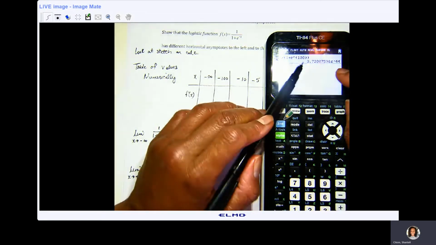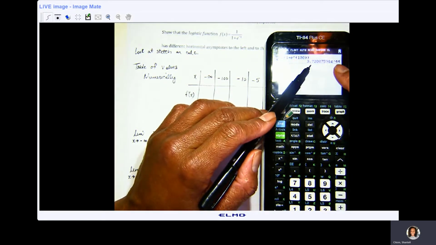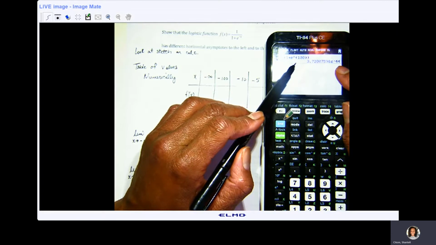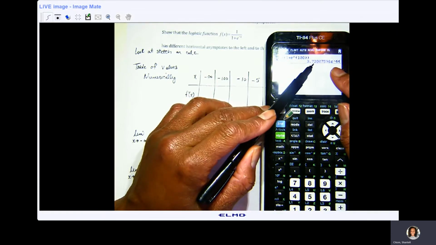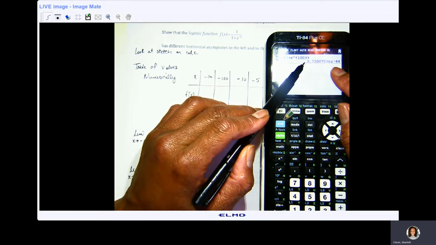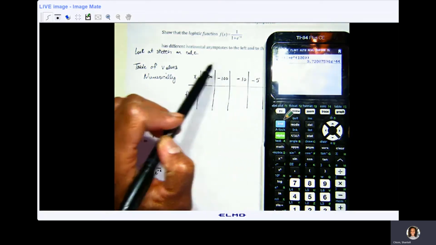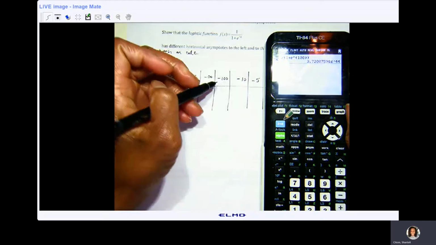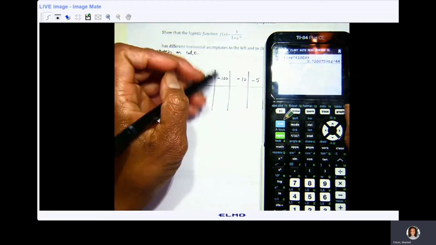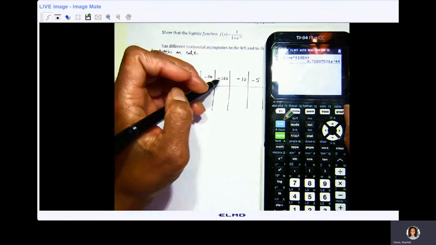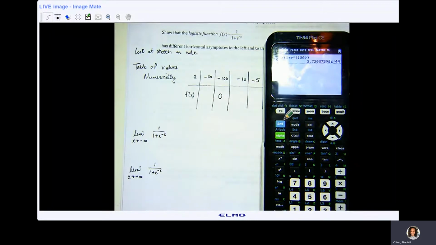That means you need to move your decimal 44 places to the left, and in those 43 places, because you're going to jump over the 3, that's one place, you're going to put in a bunch of zeros. So that means evaluating the function where x is negative 100 leaves you with 0 there.